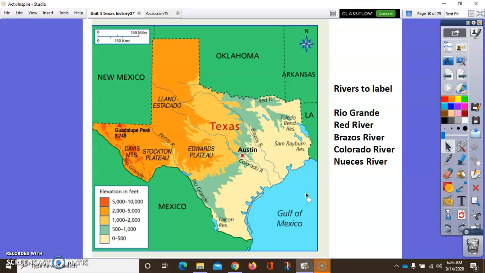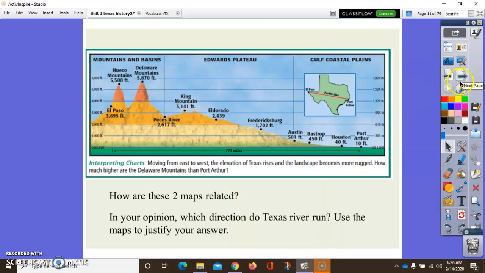You guys, I feel really funny asking you questions and then just pretending like you answered. Okay, so as you look at this map, you will see the higher elevation here. Which part of Texas is that? West Texas, to the lower elevation.